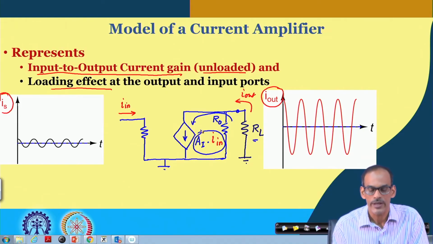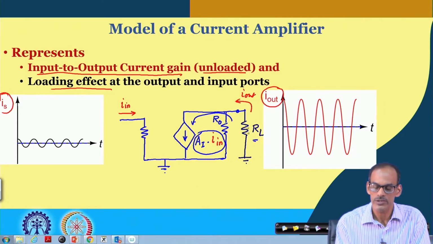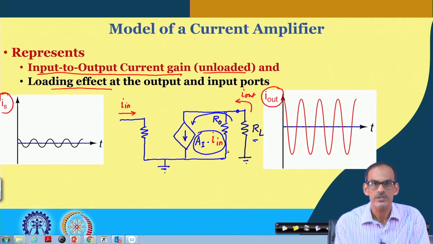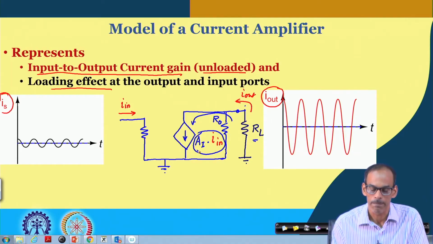When I say unloaded current, it means that R L is equal to 0. If I make this R L equal to 0 for a finite value of R O, then the current flowing here will be the same as this one, because the drop across this R O is 0, so the current here will be 0. So, then I out will be entirely the same as the internal current A I multiplied by I in.